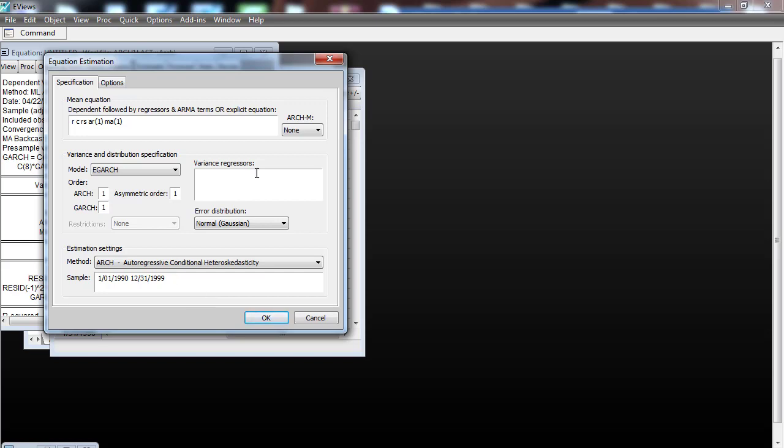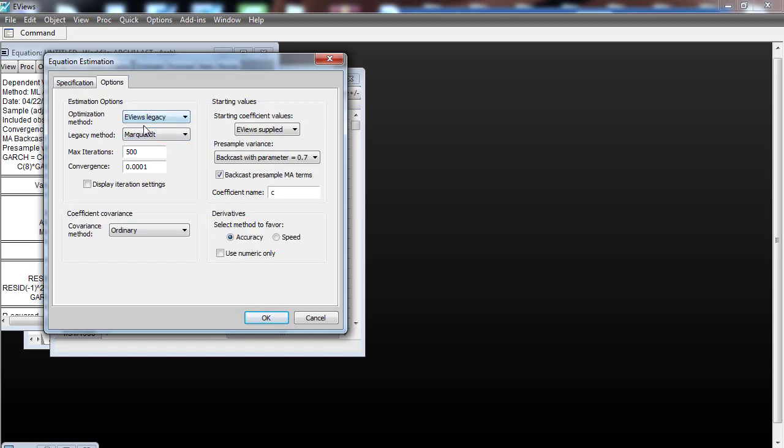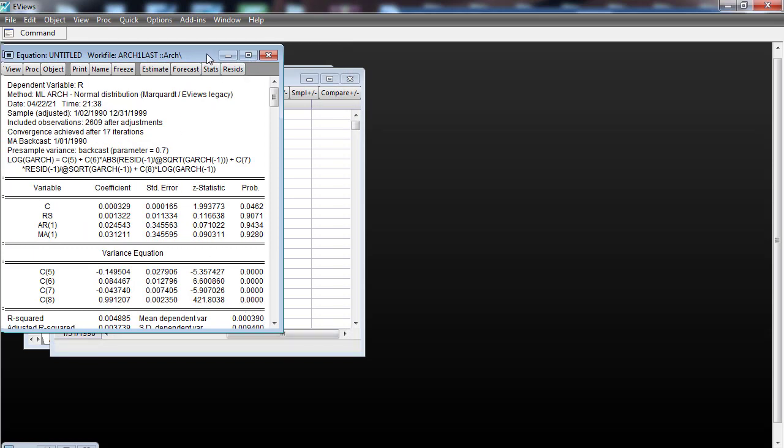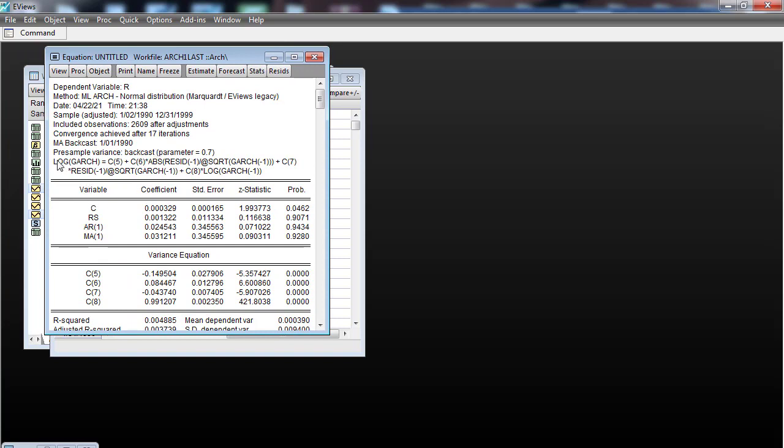The same here, we have to use the eViews legacy, and then we have to find the outcome. This is the outcome for the exponential GARCH, EGARCH model.